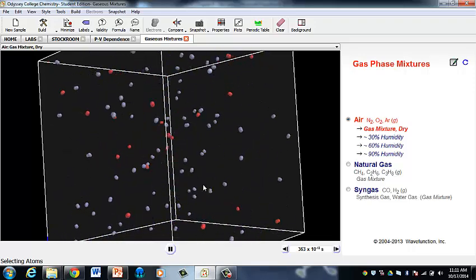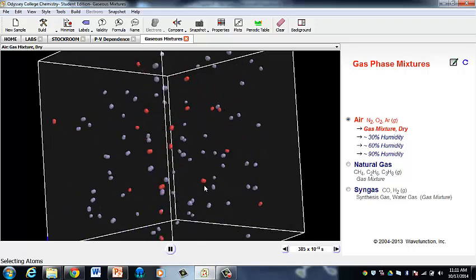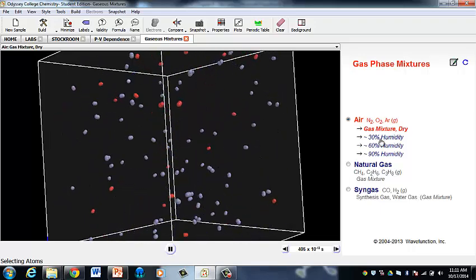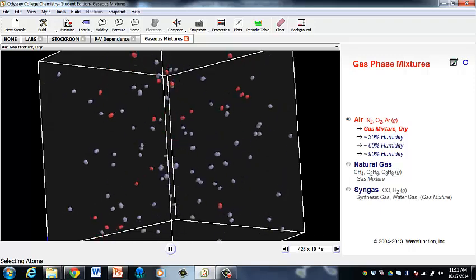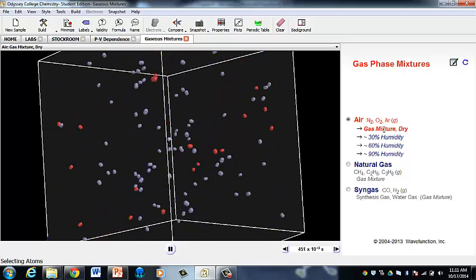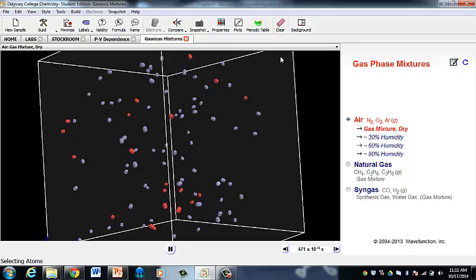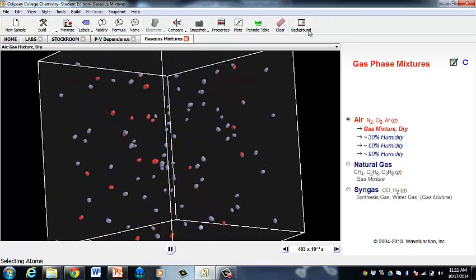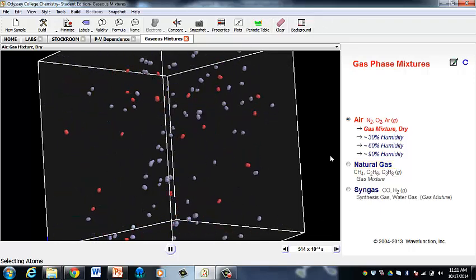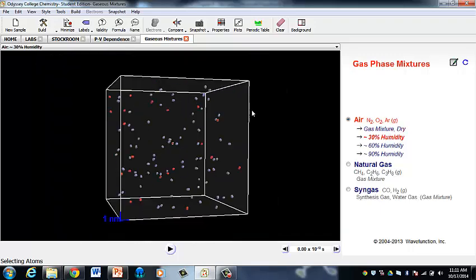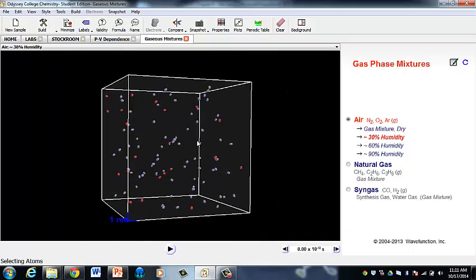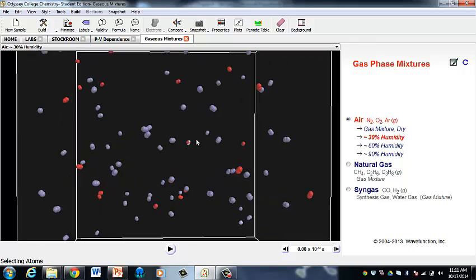And then everything else in air, at least in dry air, everything else would be in such small quantities that in a box this size or in a sample this size, you wouldn't actually have any molecules of anything else. Depending on the humidity, you might have some water in the box. So at 30% humidity, a box this size has one water molecule.